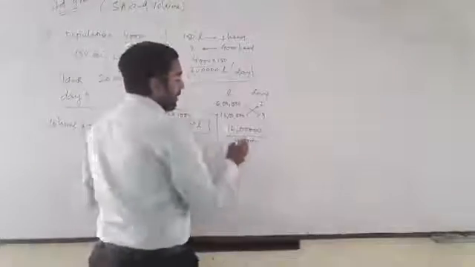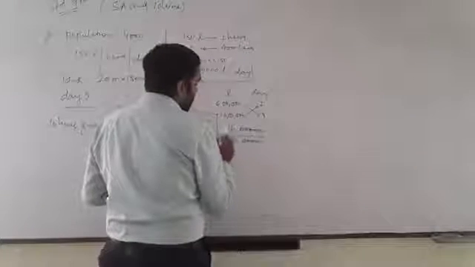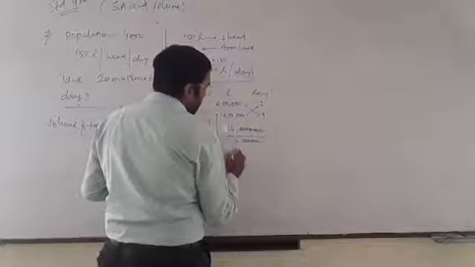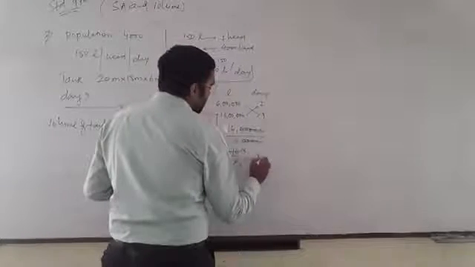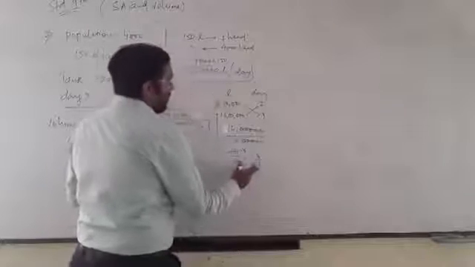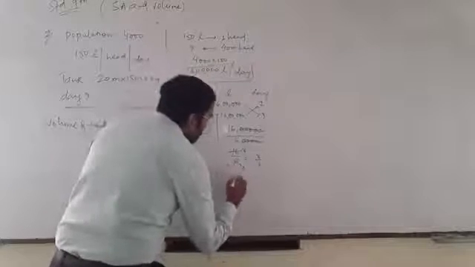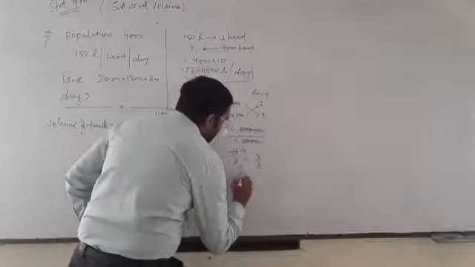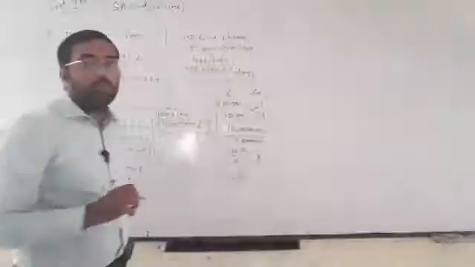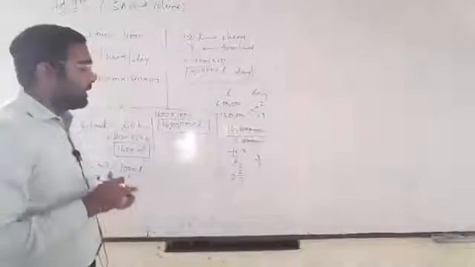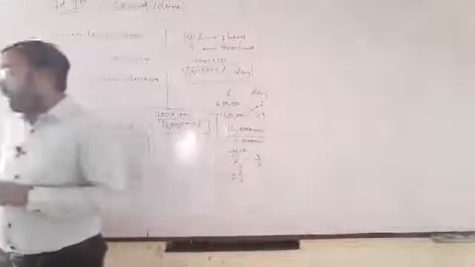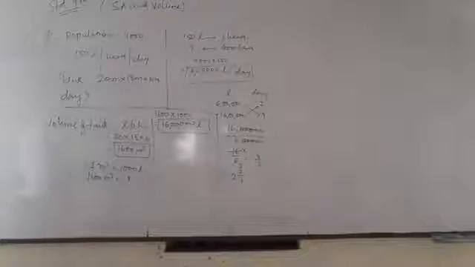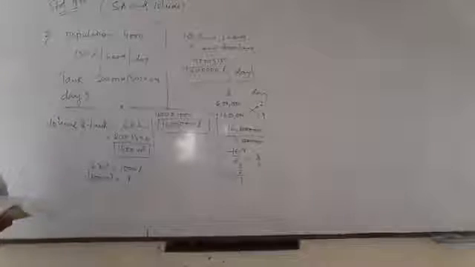The zeros are cancelled out, therefore 16 by 6, that is 8 by 3, that is 2 integer 2 by 3, approximately 2 days. That is approximately 2 days of water available for the village from the tank.